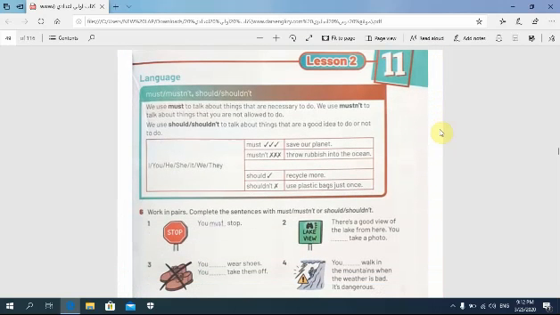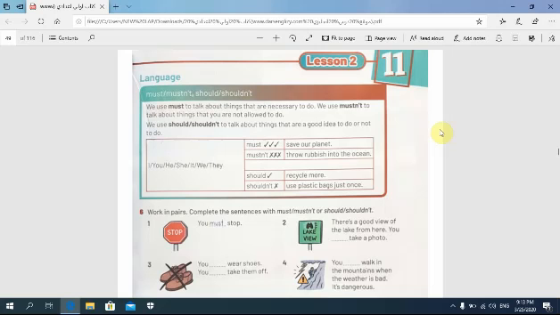Now let's move to the language part in lesson 2, which is the difference between must and mustn't, should and shouldn't. Okay, we use must to talk about things that are necessary to do. We use mustn't to talk about things that you aren't allowed to do.